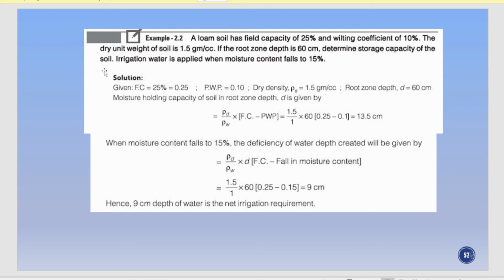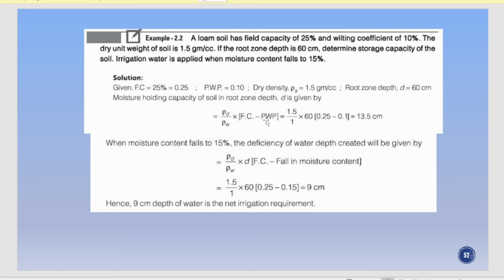Okay, so that's why the moisture holding capacity of the soil in the root zone will be gamma d by gamma w. We can use either gamma or rho, it will not matter much. We already know density of dry soil is 1.5 gram per cc. Density of water is 1, which you all know. It should be multiplied with the depth of water and the difference of the FC and PWP.